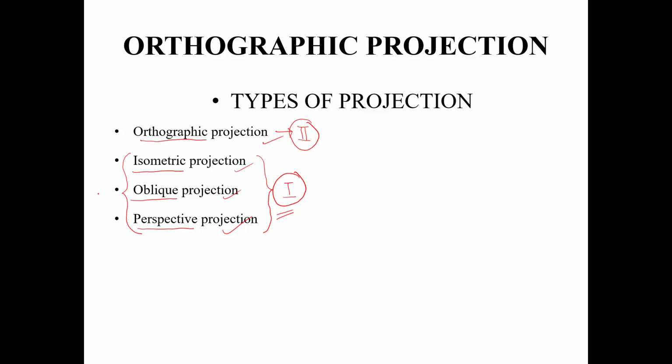When you are following any of these methods, isometric projection or oblique projection or perspective projection, one single projected view of the object on a single plane of projection will reveal all the details about the shape and size of the object, or all dimensions of the object.